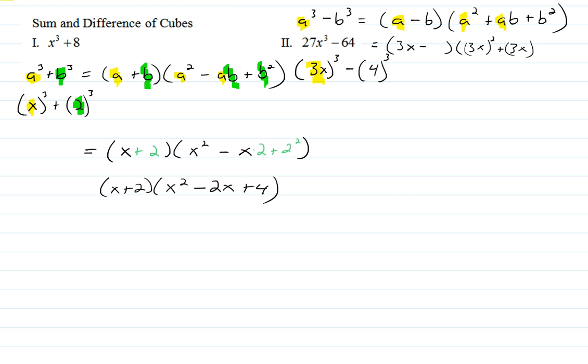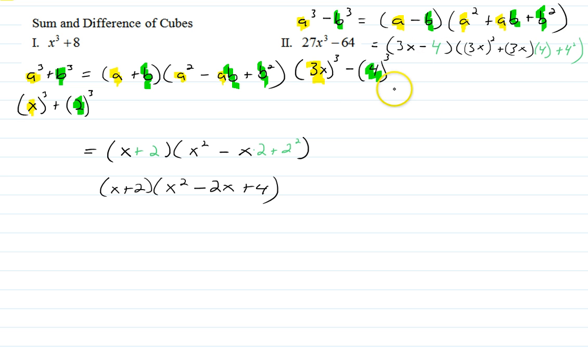Now let's take care of the b. Wherever there's a b, now I'm going to write a 4. 4 goes there, there, and there. So it's ab, so I have to go times 4 here, and then plus 4 squared.